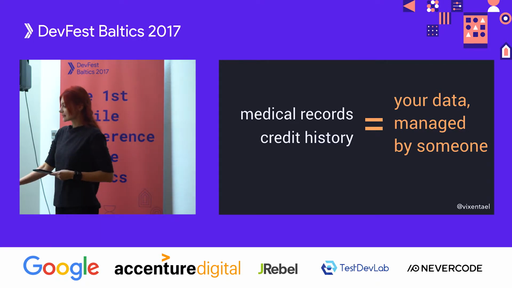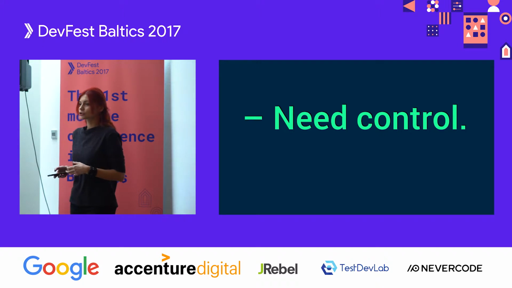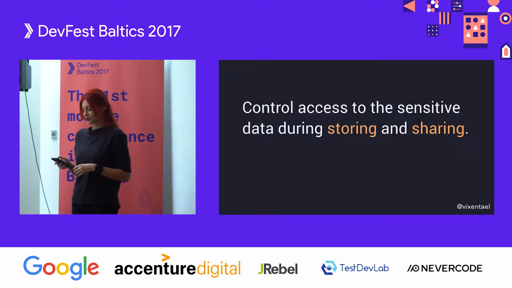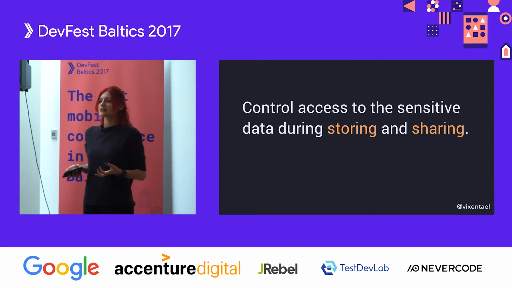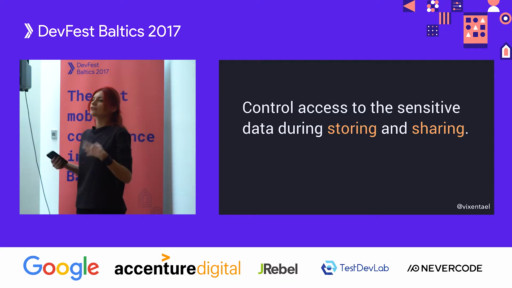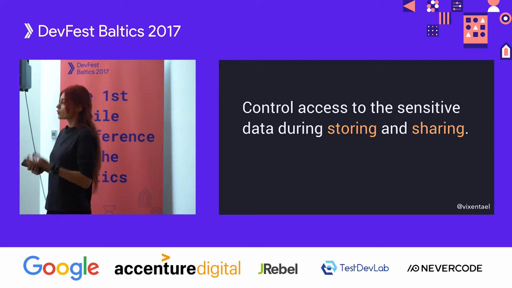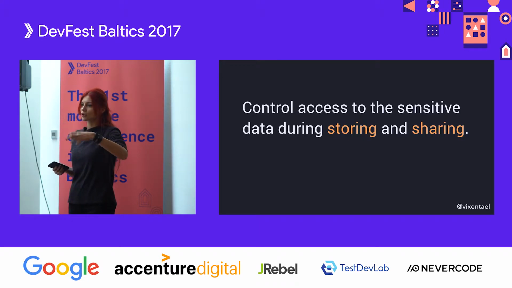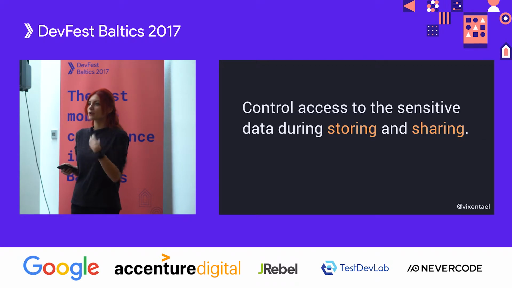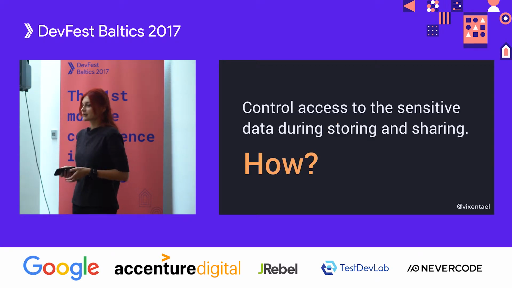So basically it means that we want to control what we share and whom we share with. We cannot trust by default, and we don't want to think about security all the time. So we choose to retain control over sensitive data while we store it and while we transmit it. The question is, how?